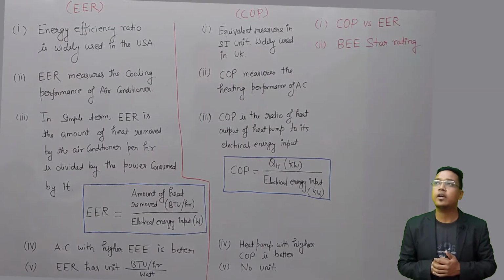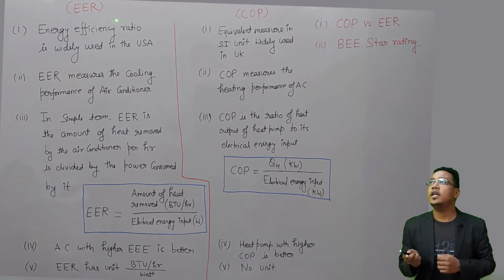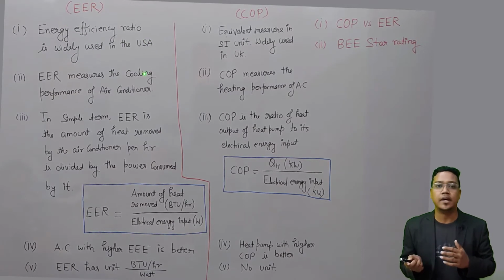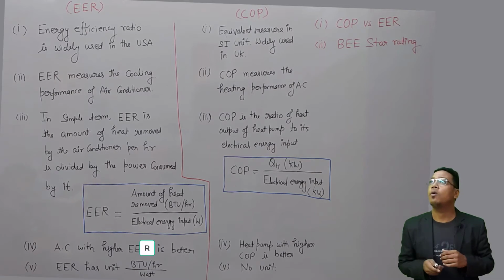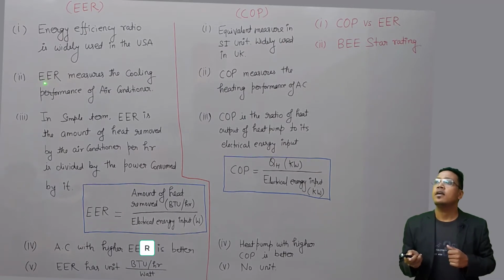Let's start the topic. Here EER, then COP. EER is the energy efficiency ratio, which is widely used in USA. COP is an equivalent measure in SI unit and widely used in UK. Now, second difference.